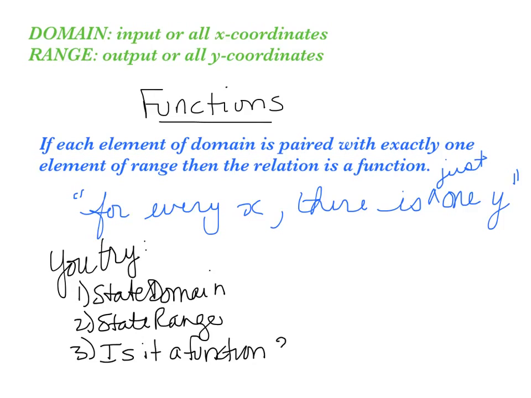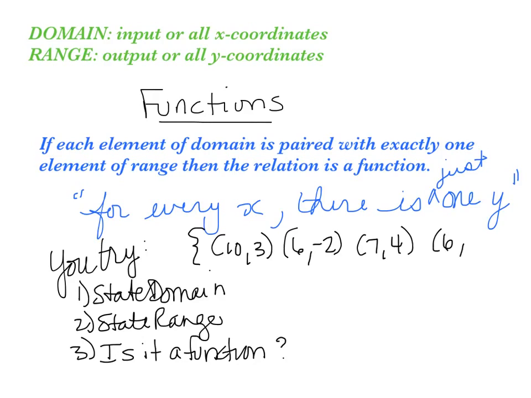Okay. So here's the relation I'm going to give you. I'm going to use ordered pairs. (10, 3), (6, -2), (7, 4), and (6, -9). Okay, so those are my 4 ordered pairs in this relation. I'm going to pause it, you're going to think about it, you're going to write down the answers, and turn it back on, and I'll show you my answers.